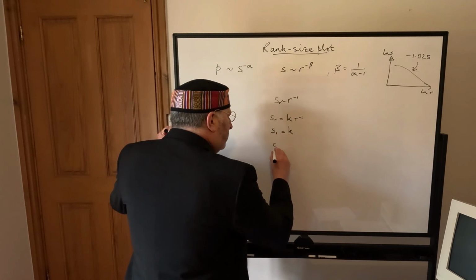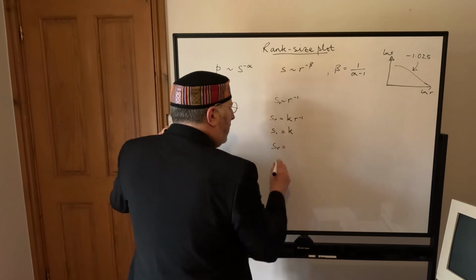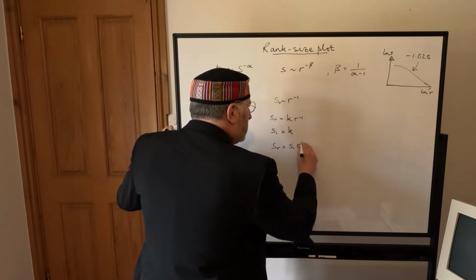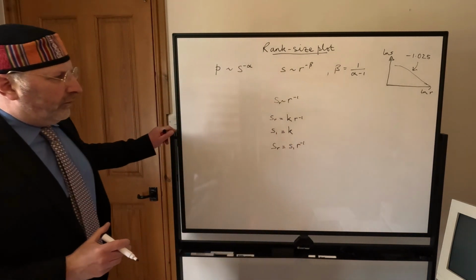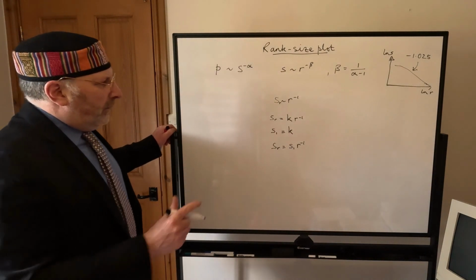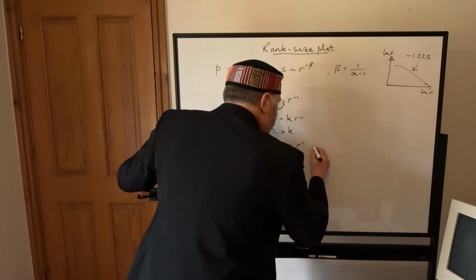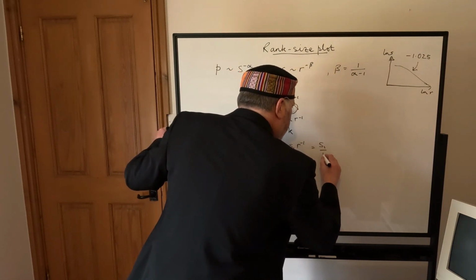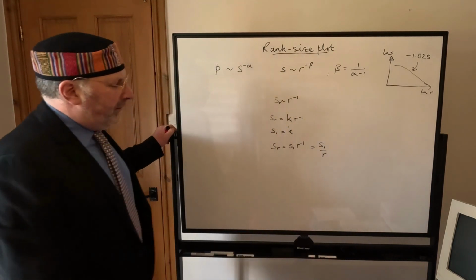So our Zipfian rule is S_R equals S1 times R to the minus 1, R being the rank. Which we could also write as S1 divided by R, because R to the minus 1 means 1 over R.